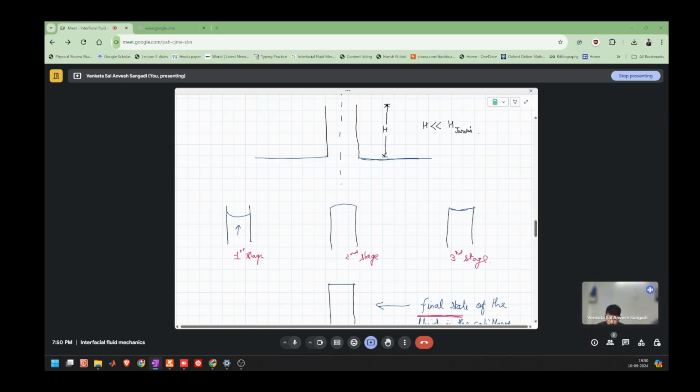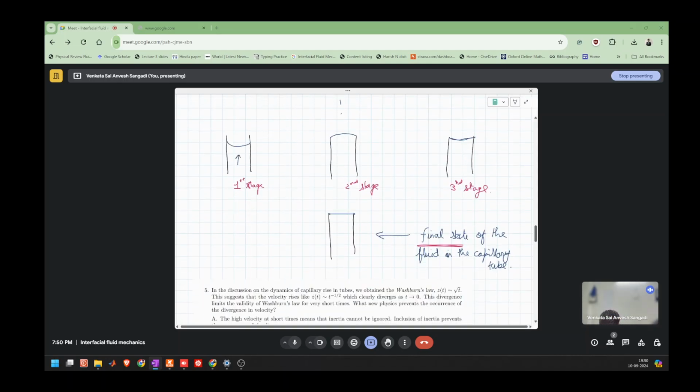So, firstly, the fluid will rise up, then, due to inertia, it will slightly overshoot and create a bulge, which in turn pulls the liquid back in and creates a depression. And then, as the depression forms, the pressure jump is in such a way that the fluid tends to rise up again.